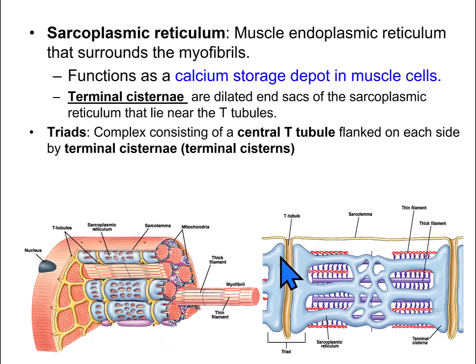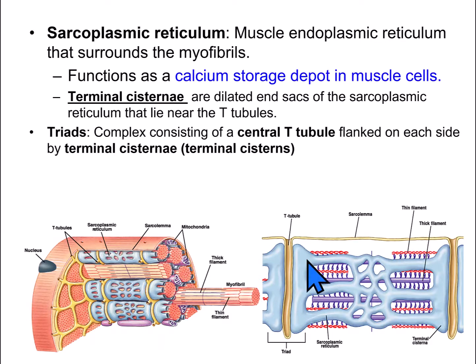And they lie on each side of the T tubule or transverse tubule. The interaction of that action potential that comes down the T tubule is going to stimulate these terminal cisterns to release calcium. We call this T tubule, flanked on each side by a terminal cistern, a triad, because it consists of three structures, the T tubule and two terminal cisterns. You can refer to these as terminal cisternae, or you could just call them terminal cisterns.